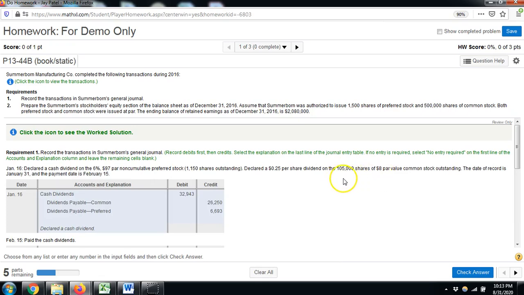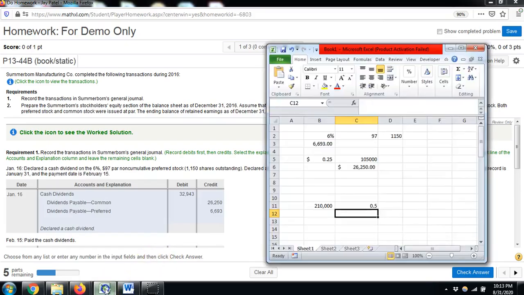going to 210,000 shares at 4. So it's the same total, but you're just doubling this and halving this. So the net effect is 0, but you still have to remember that this par value is cut in half. So it's $4 per share par value.